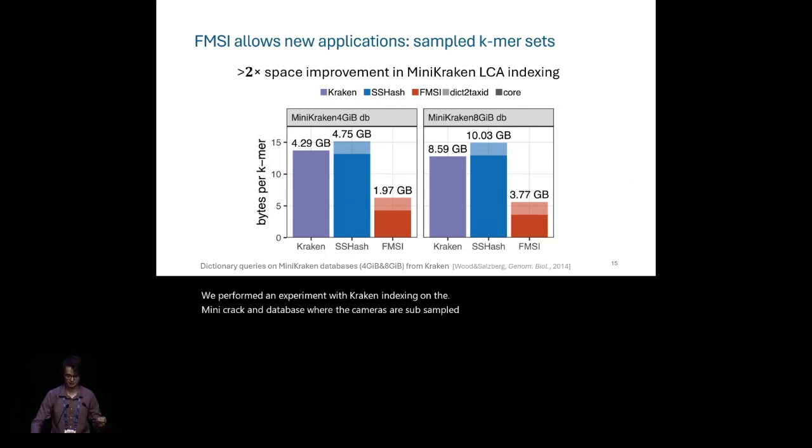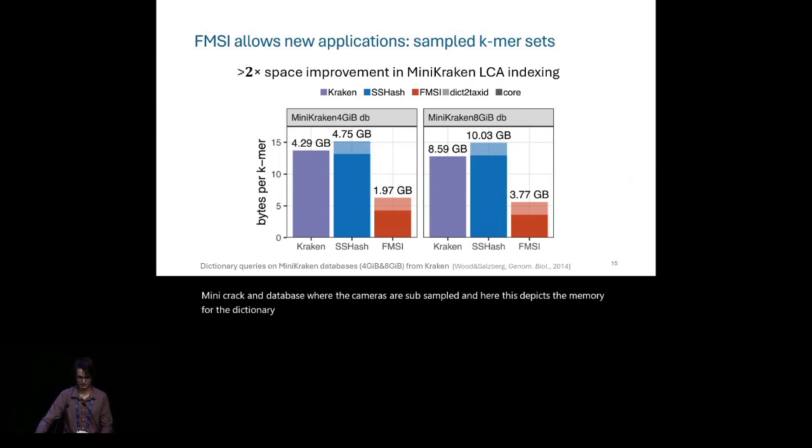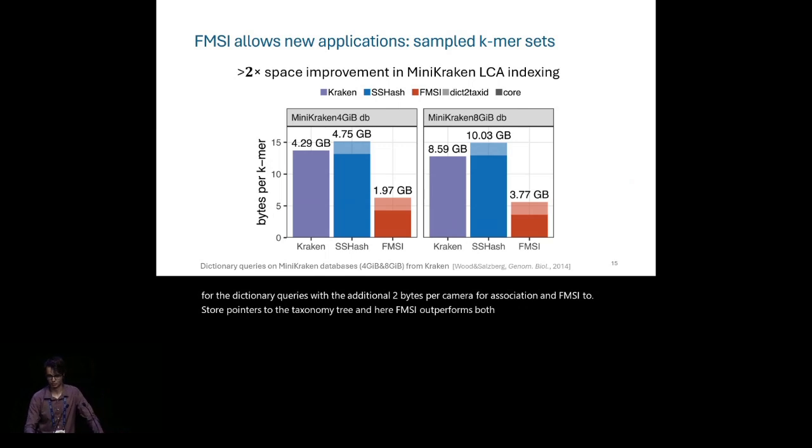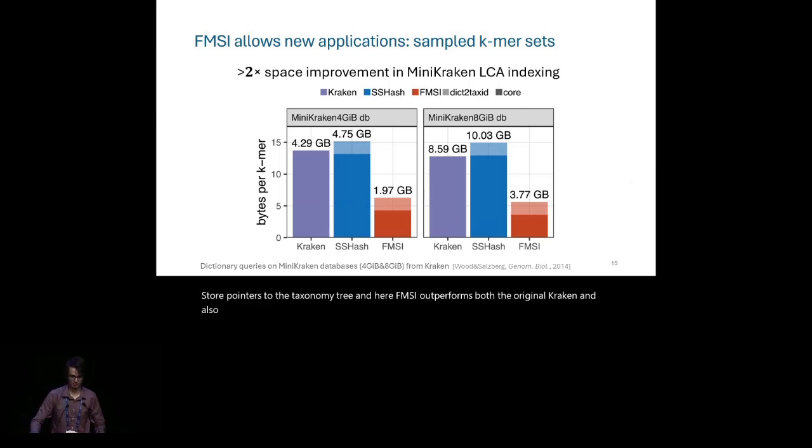And here, this depicts the memory for the dictionary queries with the additional 2 bytes per k-mer for SSHash and FMSI to store pointers to the taxonomy tree. And here, FMSI outperforms both the original Kraken and also SSHash by more than 2-fold.